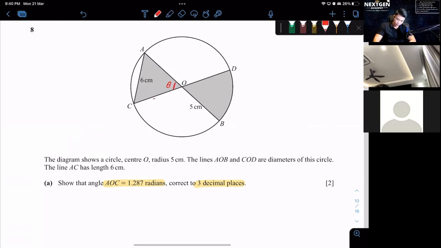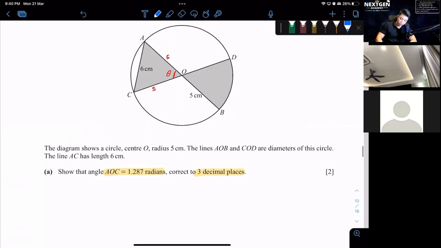We know that the radius is 5. So what can we use to solve this question? We have 3 sides and we want to find theta. So it's like a crocodile mouth, so we use the cos rule. Your a squared, which is the opposite one, will be 6 squared equals to 5 squared plus 5 squared minus 2 times 5 times 5 cos theta.